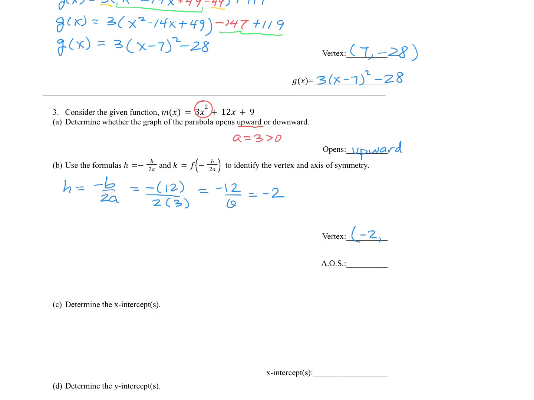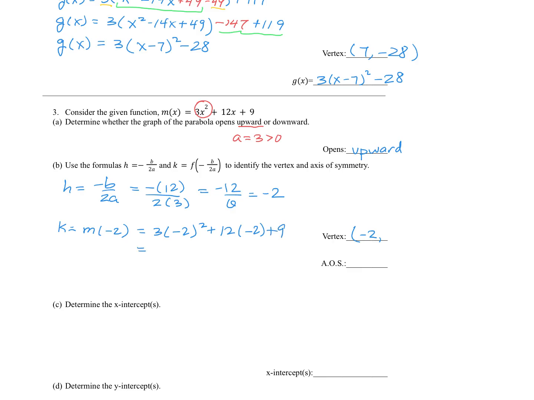Now to find the y number or the k number, I'm just going to substitute that value into my function. So it's f of negative 2. In this case, it's actually m. So let's back up and put an m there. But it doesn't matter what you call your function. You are going to be plugging in a negative 2. So again, m of negative 2. So that's 3 times negative 2 squared plus 12 times negative 2 plus 9.